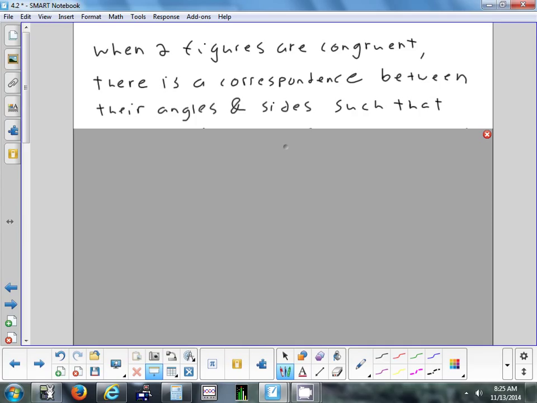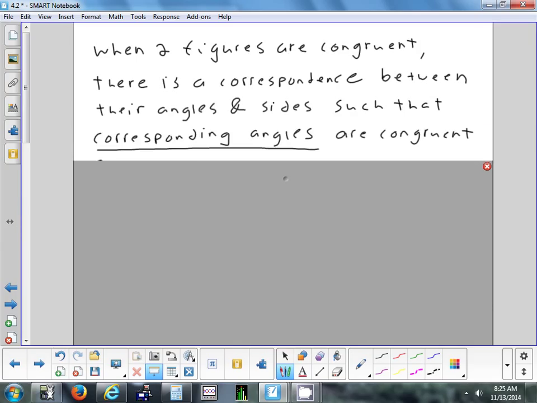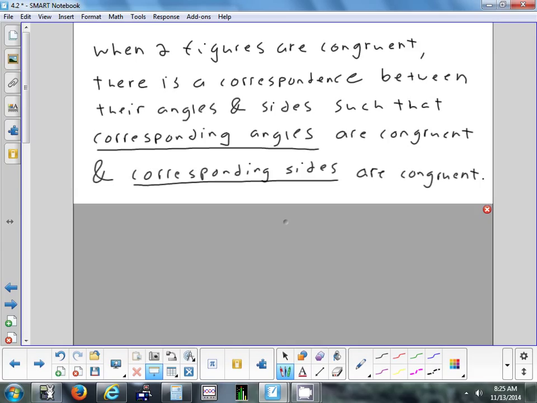Okay, and when two figures are congruent, that means there's a correspondence between their sides and their angles, such that the corresponding angles in each figure are congruent, and the corresponding sides in each figure are congruent.